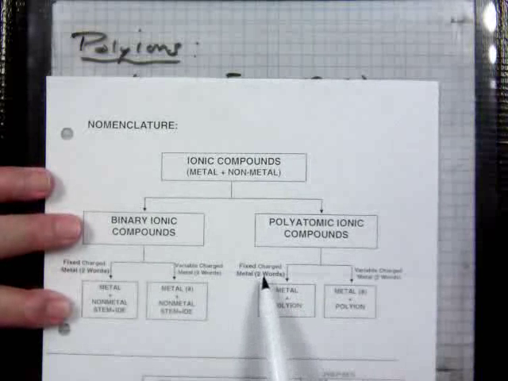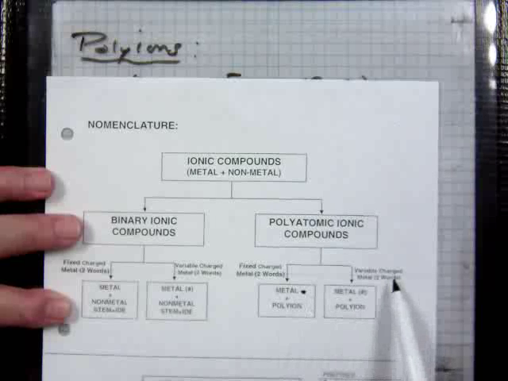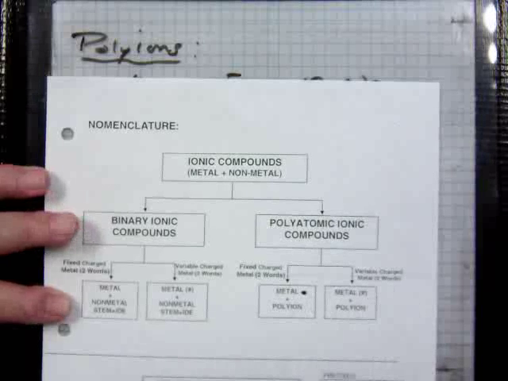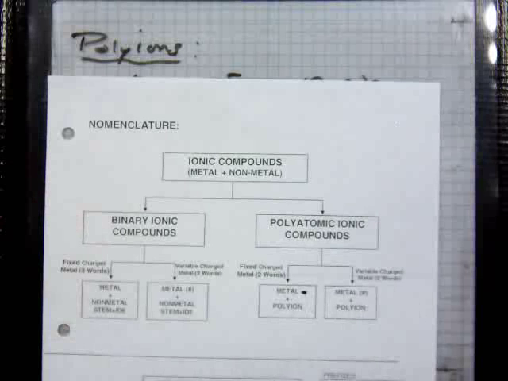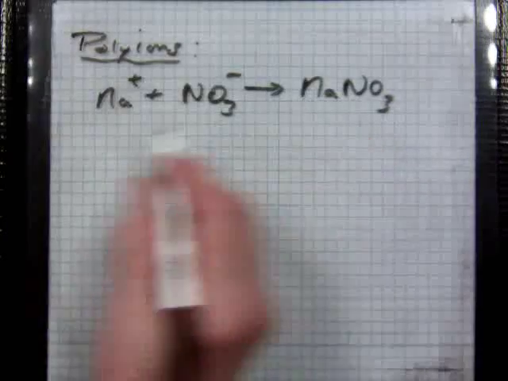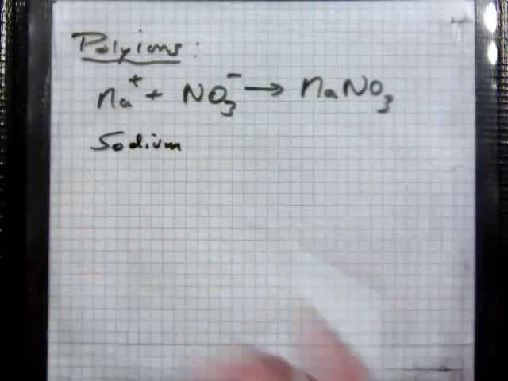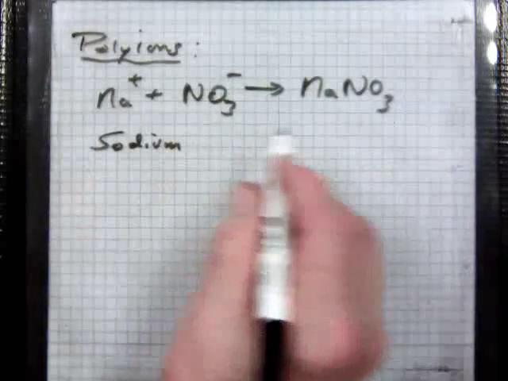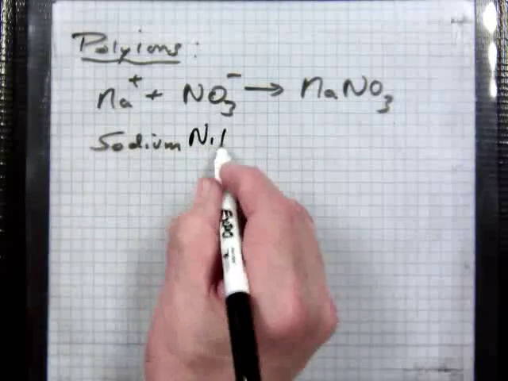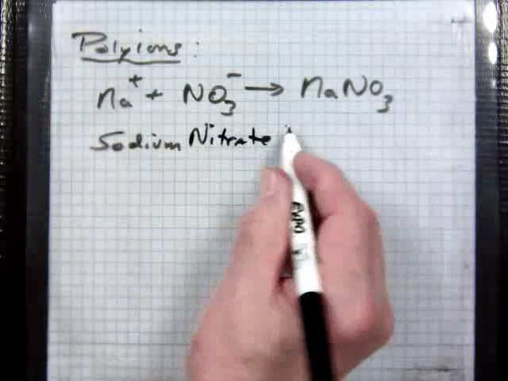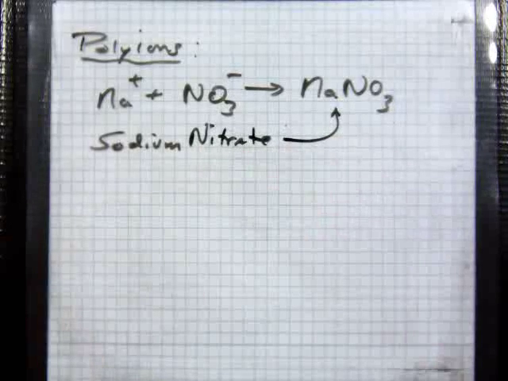If they're fixed, the metal, you don't have to put a Roman numeral out there. But if they're variable charge, you have to put that Roman numeral to identify that oxidation state. But all you have to do is name the polyion afterwards. So here is sodium, and sodium's a fixed charge, so we don't have to put a parenthesis. And NO3 is nitrate. So in essence, that's the same idea.